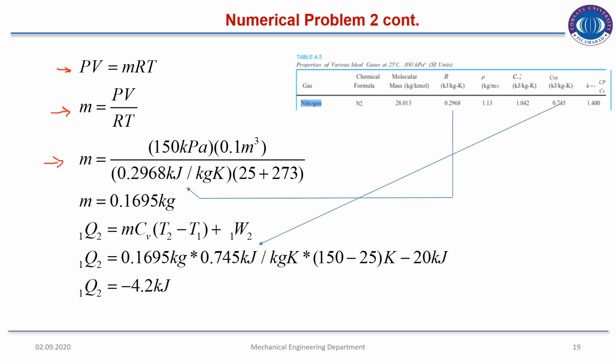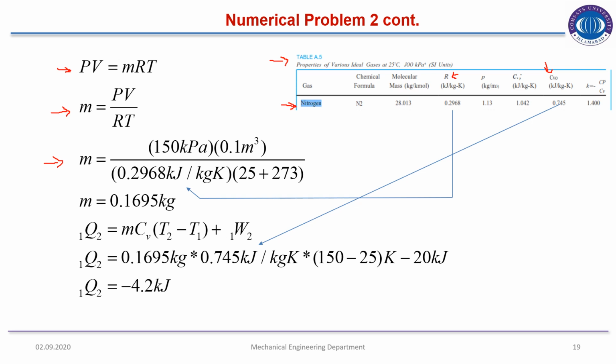you will have to go to table A.5 at the end of your book, and in the table you will find the value for nitrogen. This is the value of R for nitrogen and the value of CV for nitrogen. So at the end of your book there is table A.5.